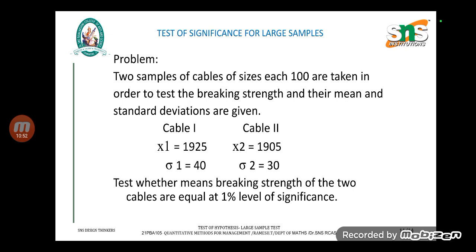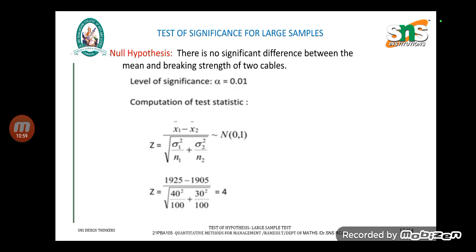From the given data, we test whether the mean breaking strengths of the two cables are equal at the 1% level of significance. Here there are two different means, two different standard deviations and two different sample sizes. So first we assign the null hypothesis: there is no significant difference between the mean breaking strengths of the two cables.